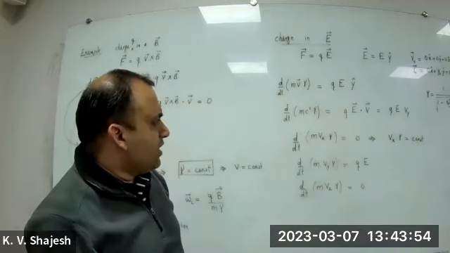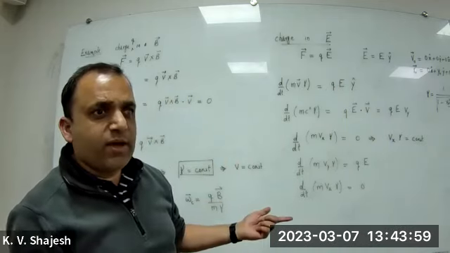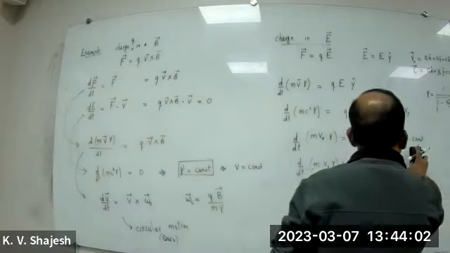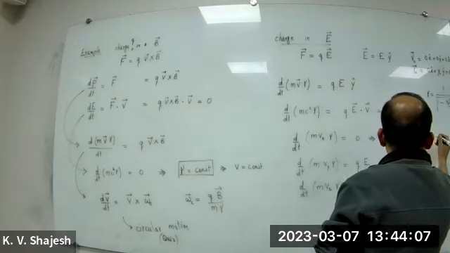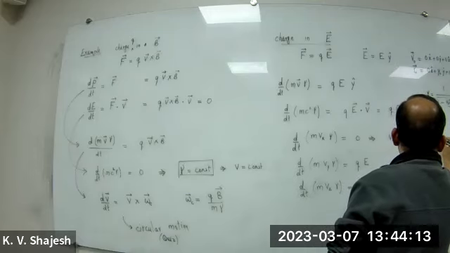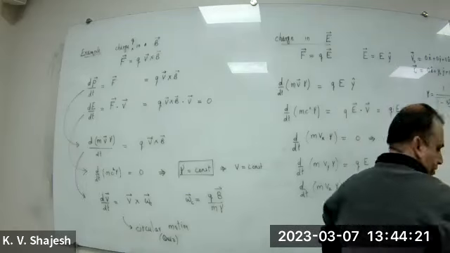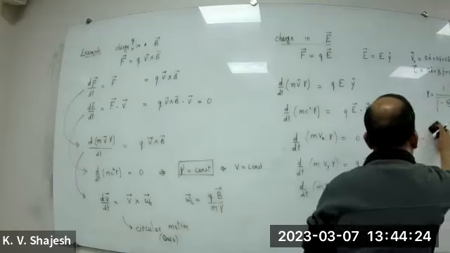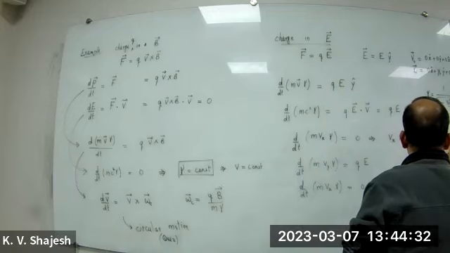That constant I can pick from time t equal to 0, and it is the same at any time. So that is equal to Vx and gamma at time t equal to 0.